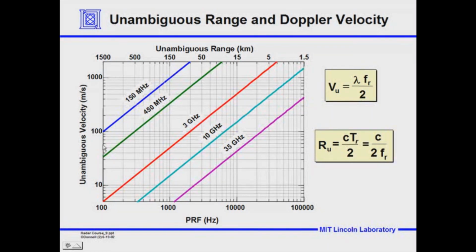But aircraft that fly around terminal areas go a lot faster than that. So the measurements that you make with an individual coherent processing interval with one PRF sent out can be made unambiguous in range, but they'll be ambiguous in velocity.